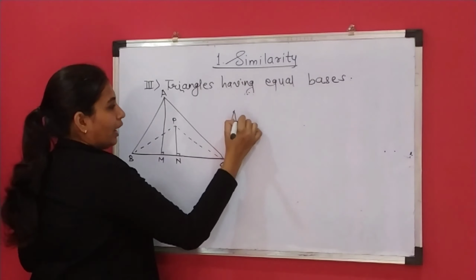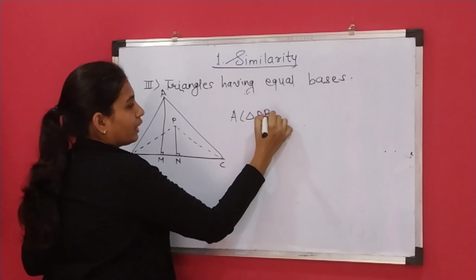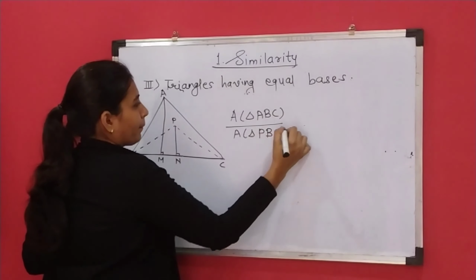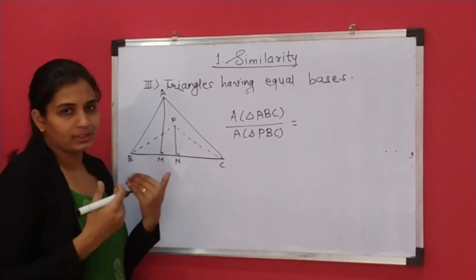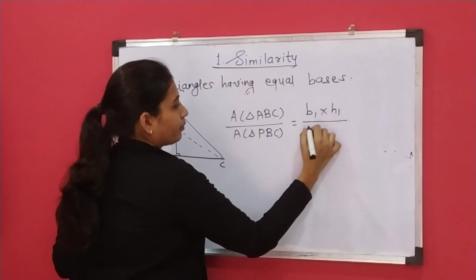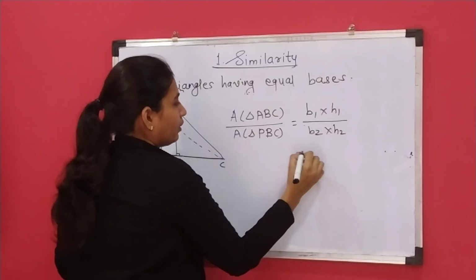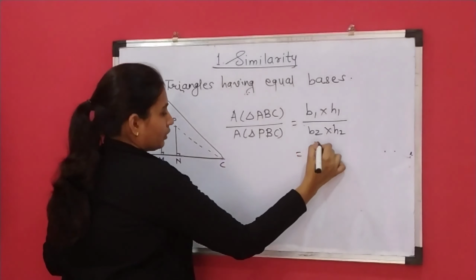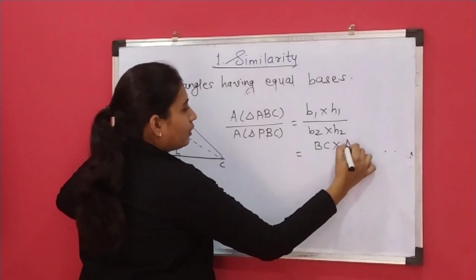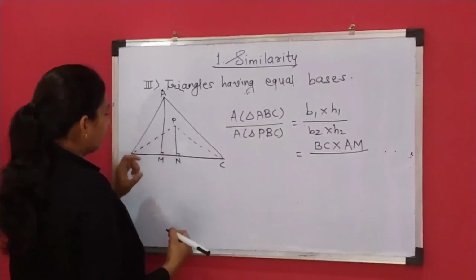If we have to find the ratio of their areas, we can write 1/2, which as per our discussion will get cancelled, base into height, base into height. The base is common, that is BC, and the height is AM, substituted here.